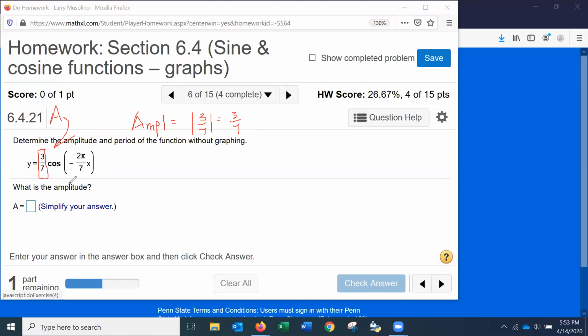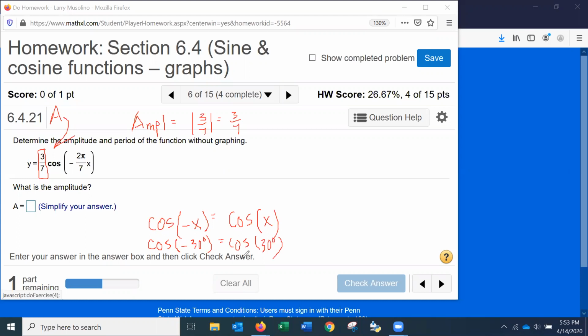But let me look at this cosine part here. Now I'm noticing it's cosine of a negative angle. Before I apply the theorem on page 412, I'm going to remember that cosine of a negative angle is the same as cosine of the positive angle, right? You might remember as an example, if I had cosine of -30 degrees, it's really the exact same answer as cosine positive 30 degrees.